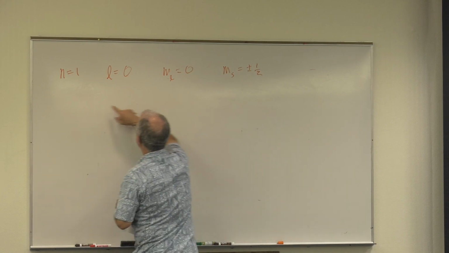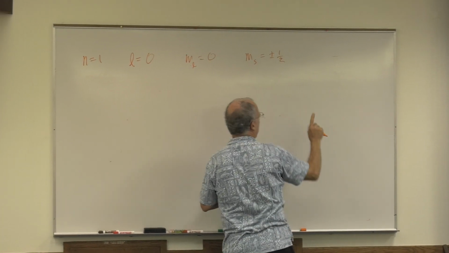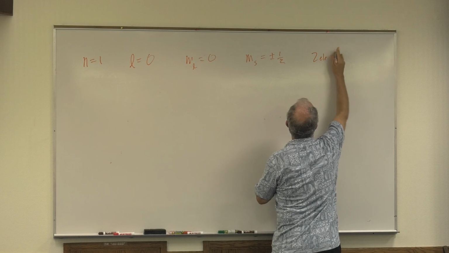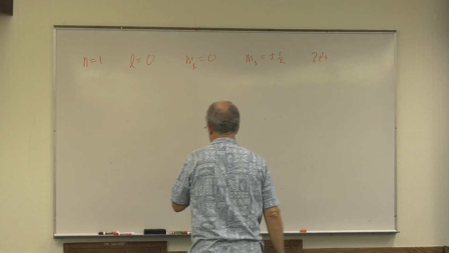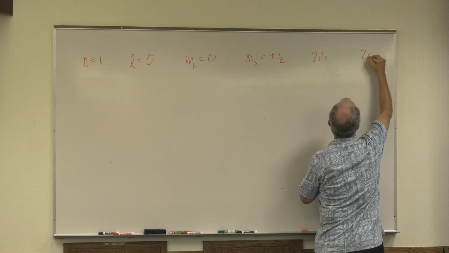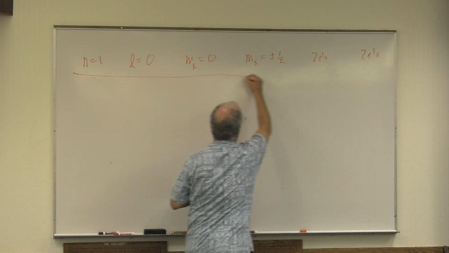Well, 2, because there's the possibility of up and down. So there's 2 electrons. And I'm just going to write this. You'll see why in a minute. So that was n equals 1.